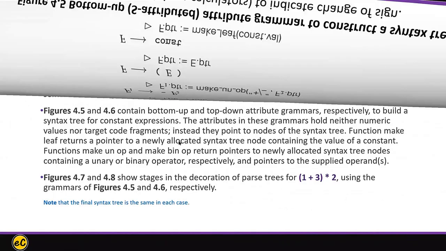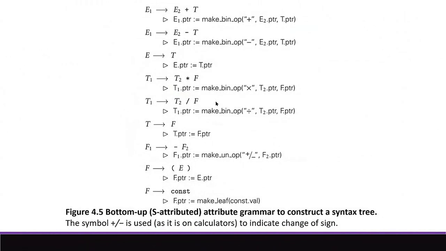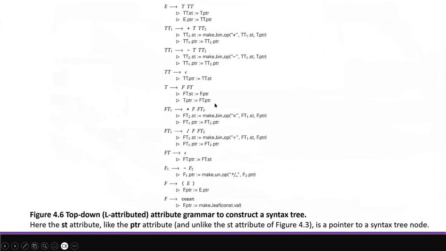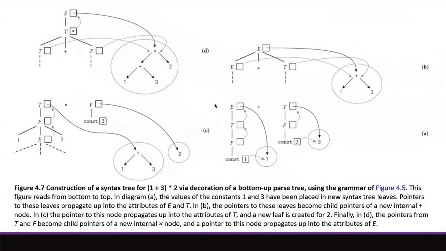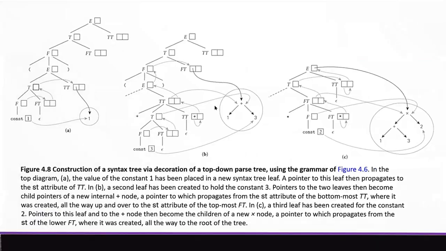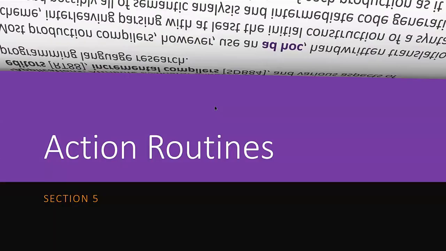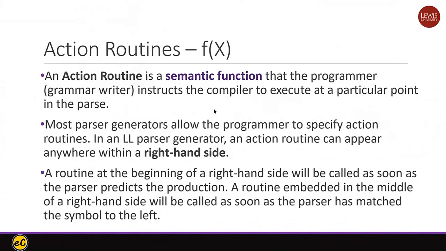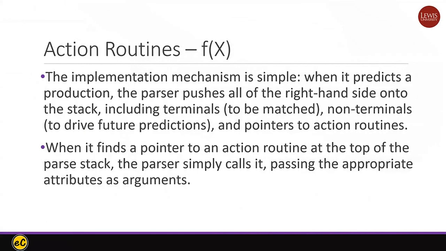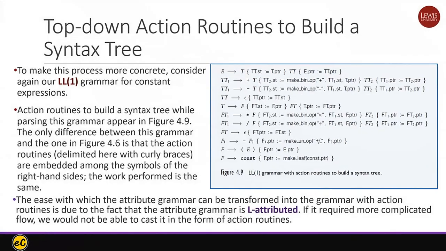A compiler would build a grammar and then do evaluation of the tree. And this different function flow, we call it action routines. The action routine is a function that you will evaluate.